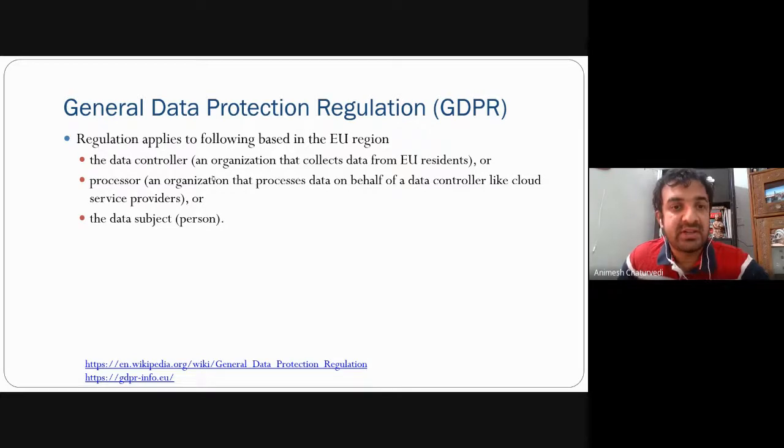Then the data subject is the main person whose data it is. That could be a person itself, or an organization, or a department. So the data subject is the third stakeholder to which this GDPR regulation is applied.